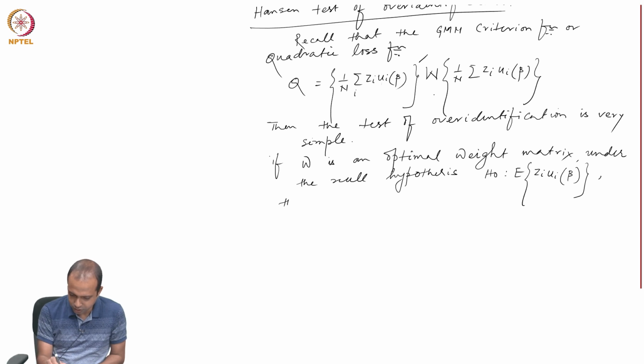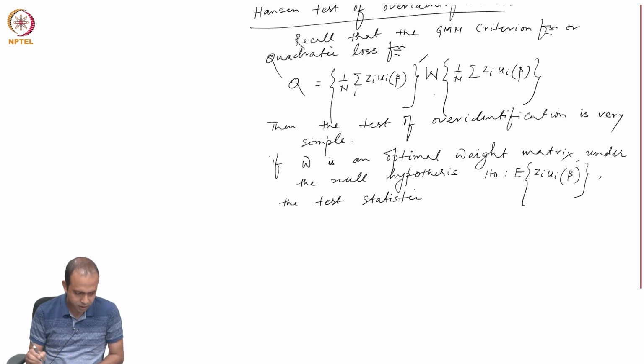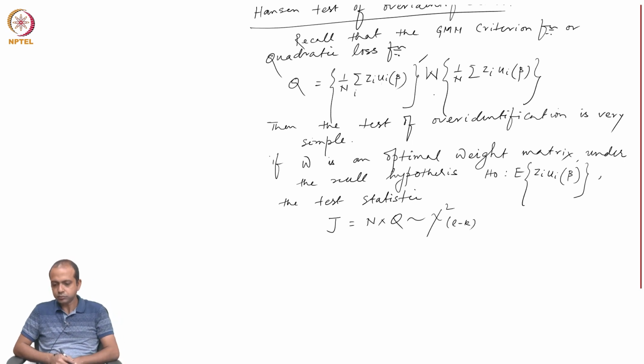The test statistic, which is J in the context of Hansen, is basically N times Q, which follows a chi-square distribution with L minus K degrees of freedom.